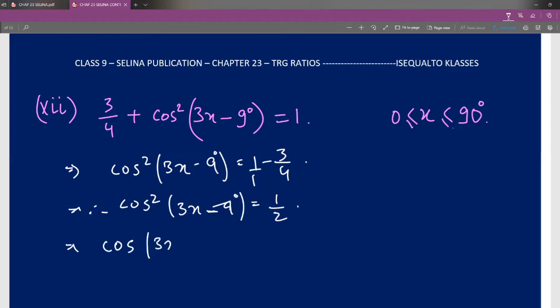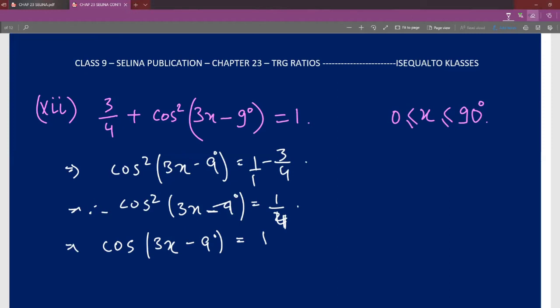Cos 3x minus 9 degree is equal to, so this will be 4, and over here the square will move to the RHS, I'll just make it a little clear, it was a mistake. So 1 upon 4 will be our answer in this step, and the square will move to the RHS and it will become root 1 upon 4.